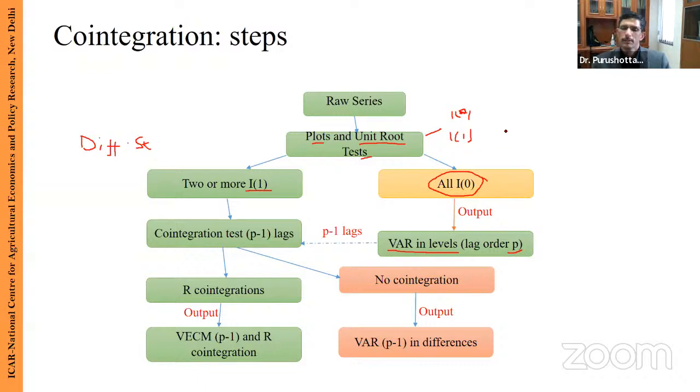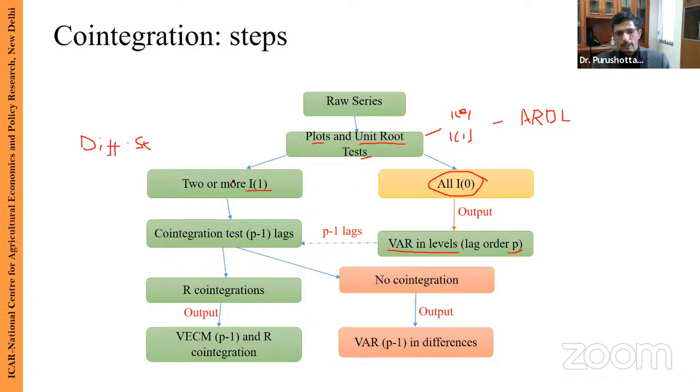Maybe 2 markets are I(0), 3 markets are I(1). In that case, we'll go for ARDL model, autoregressive distributed lag model. Okay.